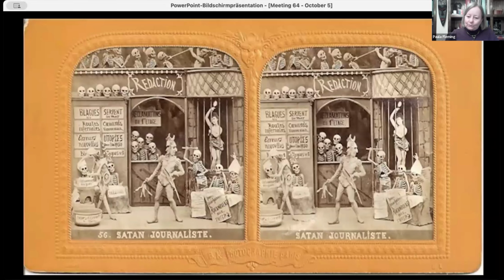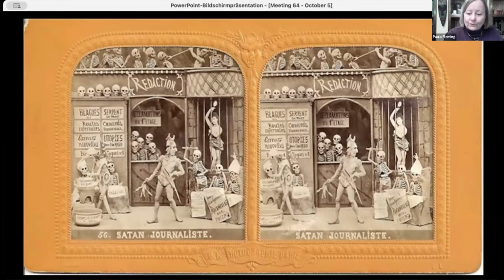Now they're getting bolder with their comments about what is happening. This is Satan the journalist. He's two-faced. Truth, poor Truth, has been put in jail. At the top, you see people, probably news writers who have written the wrong thing, and they're being tortured until they make some kind of retraction.